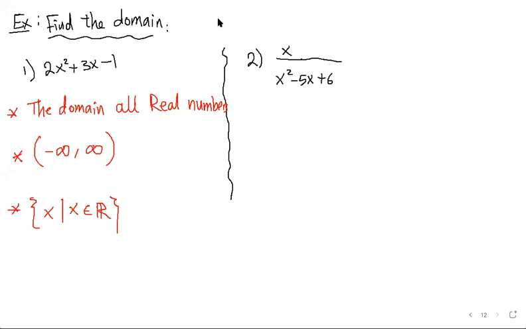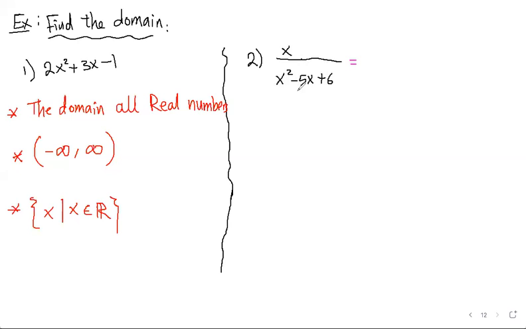For the second one, what's the domain? The first thing, when I have something like that, is to factor the denominator, because I'm looking for something that makes the denominator not equal 0.